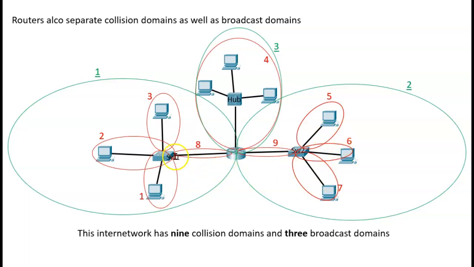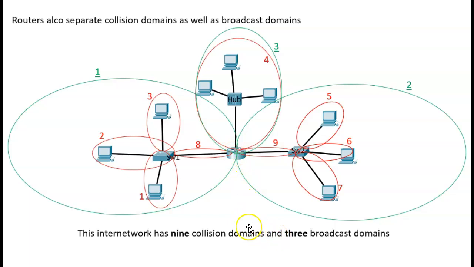But then there's a port coming off of the switch here between here and the router. So that's 8 collision domains. And over here is the 9th one between this switch and this router. So we have to take into account these segments that go between devices, between routers and switches as well.